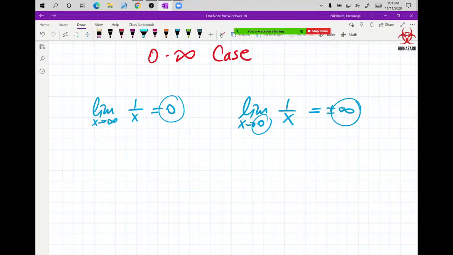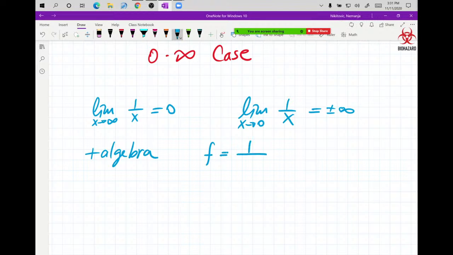So when you take this rule that you should know from chapter 2 and add to it some algebra, and that algebra is that you can write your function as 1 divided by 1 over the function, you immediately see how your 0 times infinity can be rewritten into infinity over infinity in one shot.